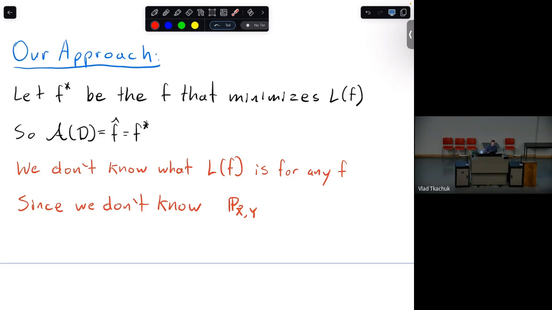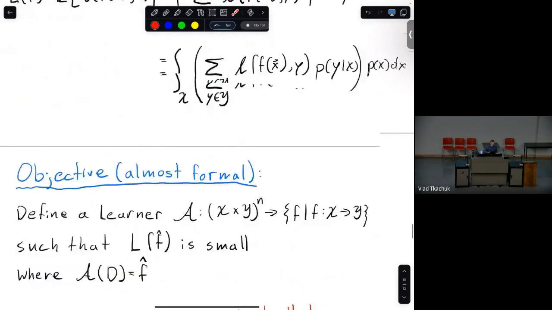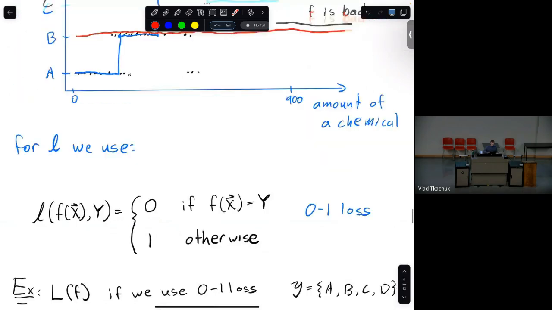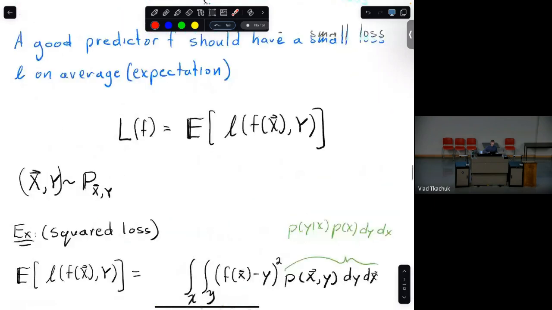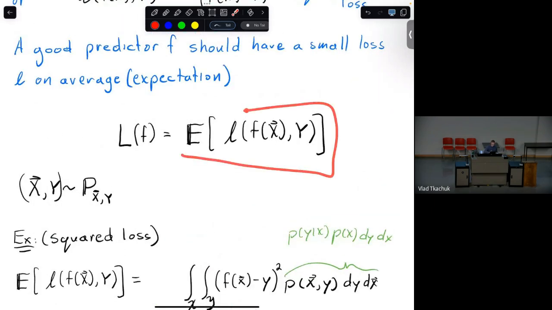But the problem is we don't have access to this function. And what I mean is, let's look at the definition of this thing. It was this expected loss, right? And the expected loss was under this distribution.